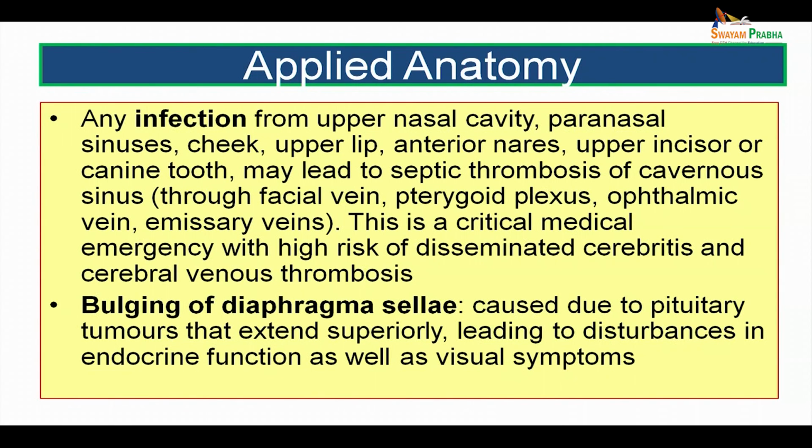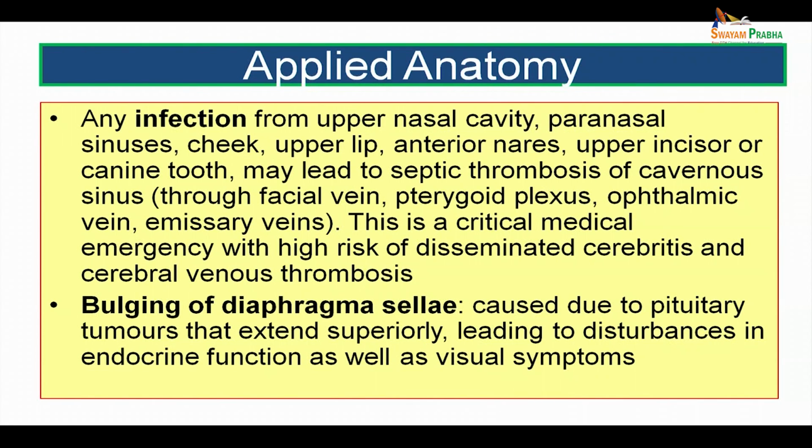Next, we go on to see that any infection from the upper nasal cavity, the paranasal sinuses, cheek, upper lip, anterior nares, upper incisor or canine tooth may lead to septic thrombosis of the cavernous sinus. This occurs through the communication which the cavernous sinus has with the facial vein, with the pterygoid plexus of veins, ophthalmic veins and the emissary veins.